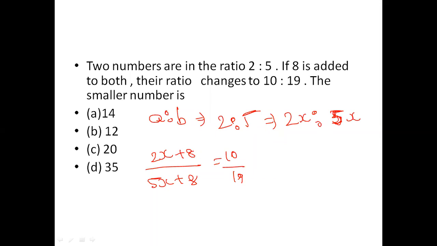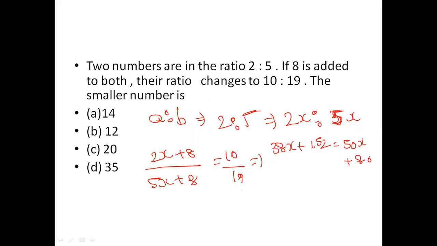Smaller number is means just go for cross multiplication and find out the x and the answer for the smaller number. 19 into 2x is 38x, so simplifying this, 38x plus 19 8s, 152, that is equal to 5x into 10, 50x, plus 8 into 10, 80.